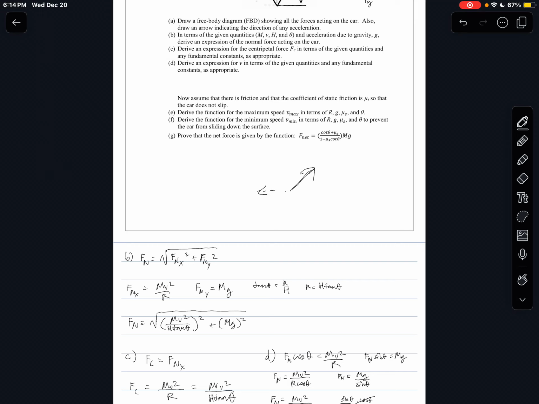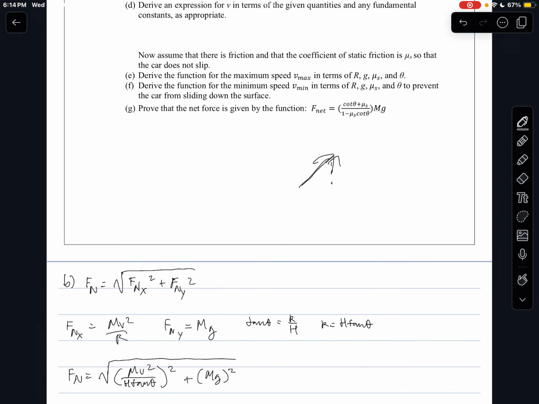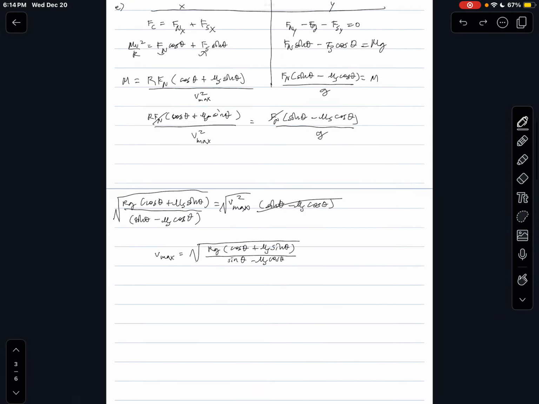This is going to change the signs, because instead of FSX pointing toward the center, FSX is going to point outward. So the FC is going to be FNX minus FSX. The FSY is going to be pointing upward, which is also going to change the forces acting in the Y.